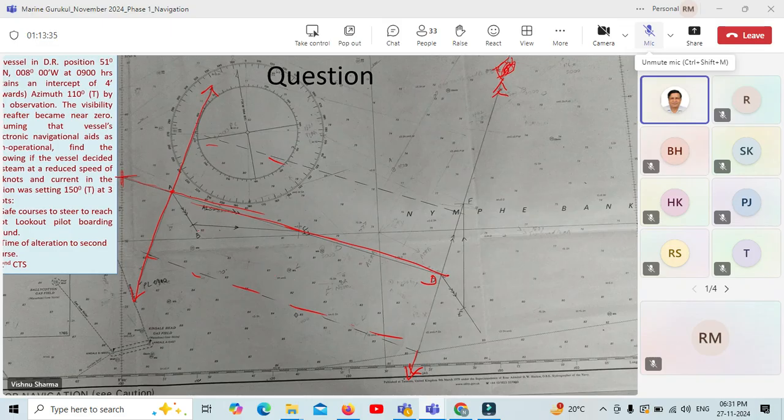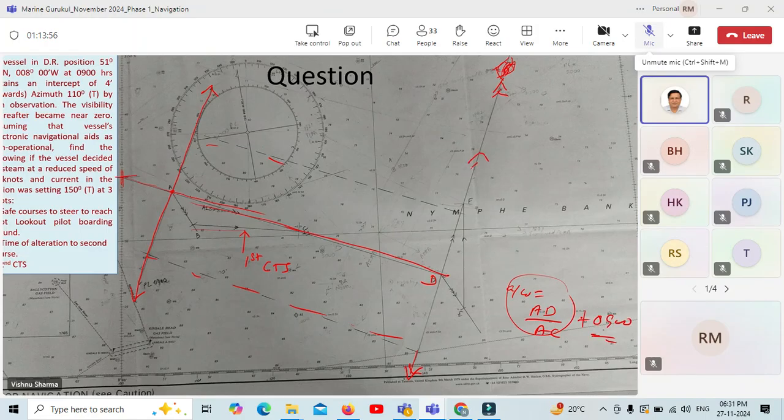Then he has counteracted the current and got the first CTS. Alteration time steaming will be equal to distance AD divided by AC, and that will give you the alteration time from plus 9 o'clock, the departure time.